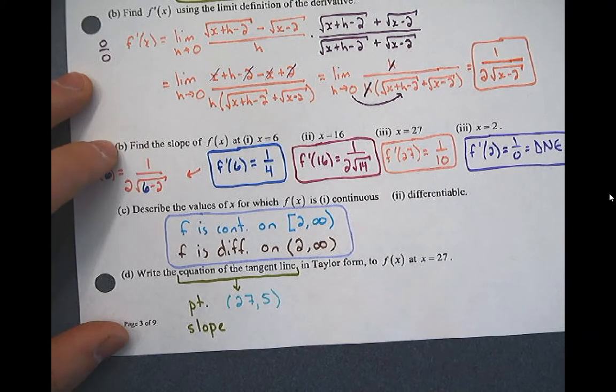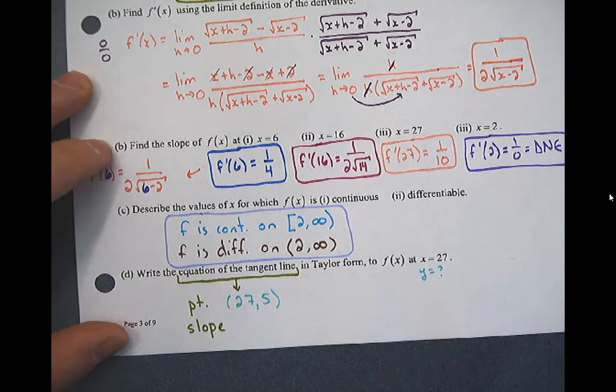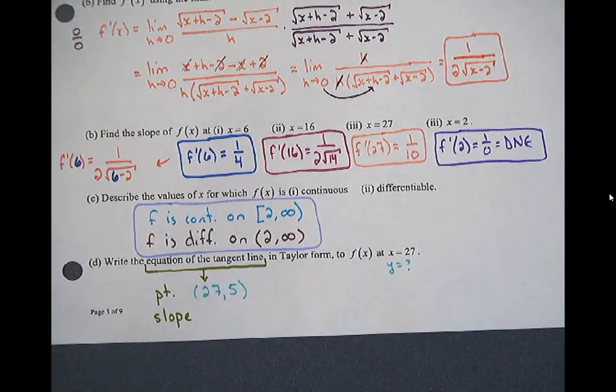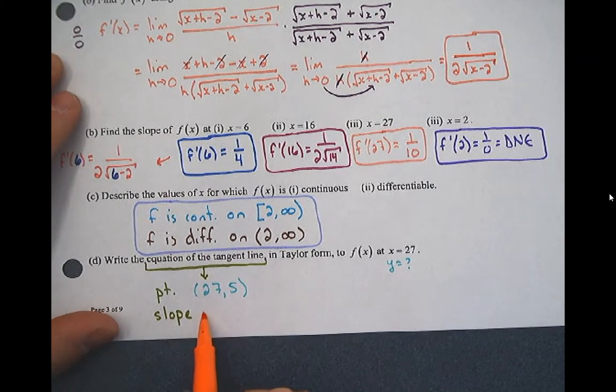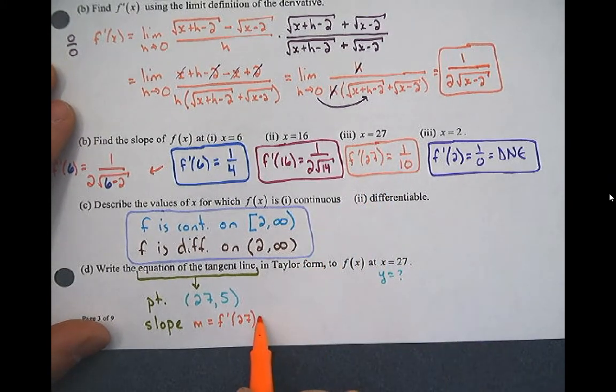So I find the point by plugging in my x value. If x equals 27, y equals question mark. The slope is found by this thing called the derivative, which was all this work that we did up to this point. The slope, m, is equal to the derivative at x equals 27, which we figured out to be 1/10.